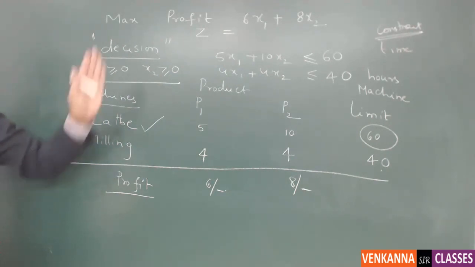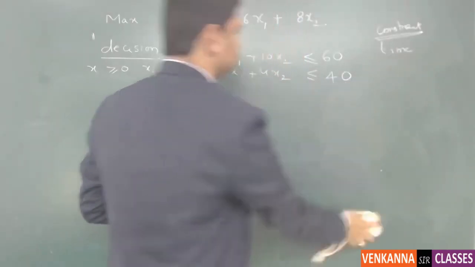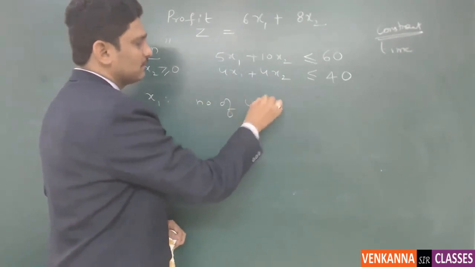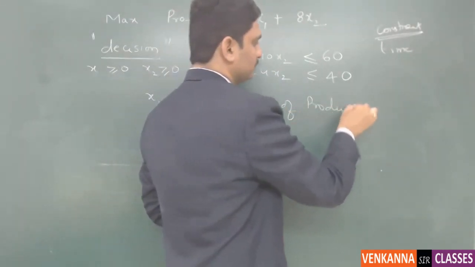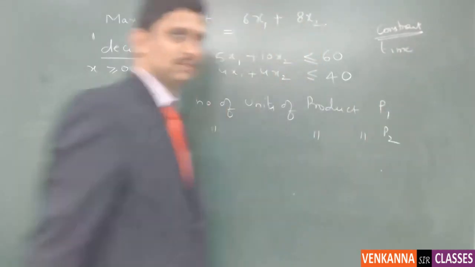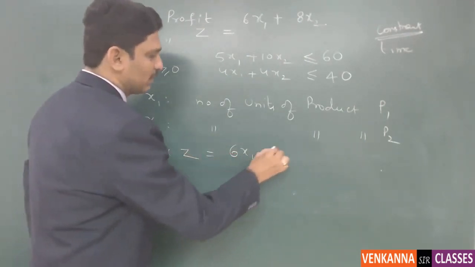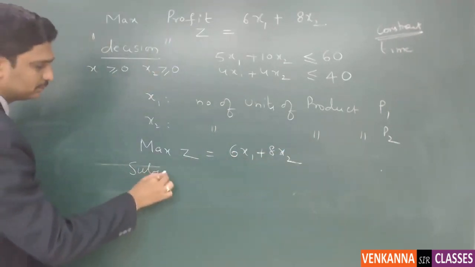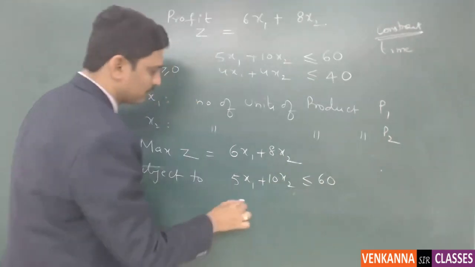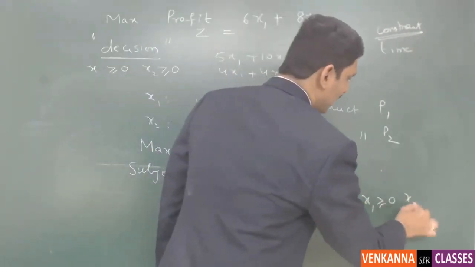Then let us write it in the mathematical way. So if you write it formally, x1 stands for the number of units of product P1 and x2 stands for the number of units of product P2 to be manufactured, and maximize Z = 6x1 + 8x2 subject to the conditions 5x1 + 10x2 ≤ 60, 4x1 + 4x2 ≤ 40, where x1 ≥ 0 and x2 ≥ 0.